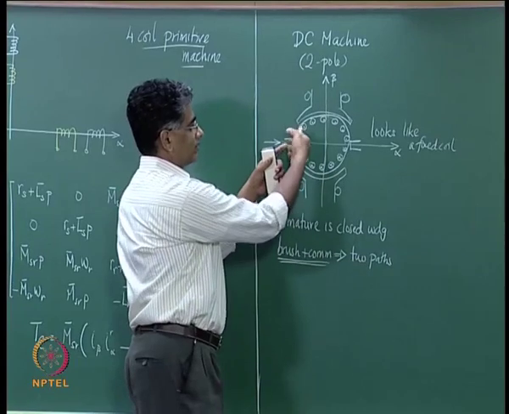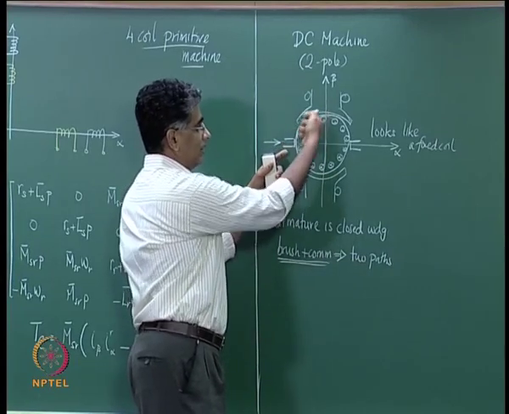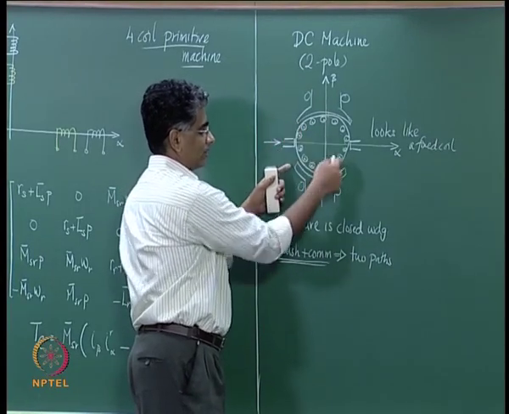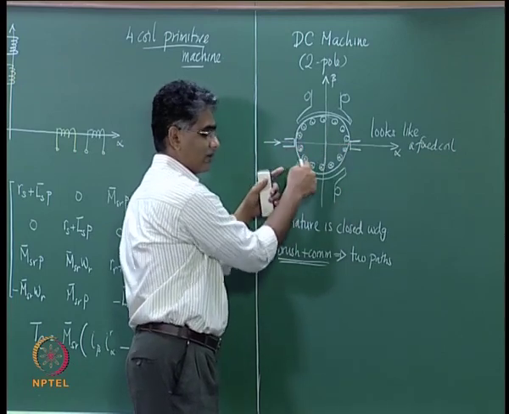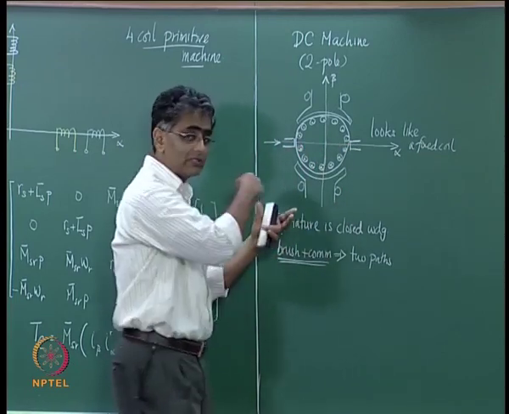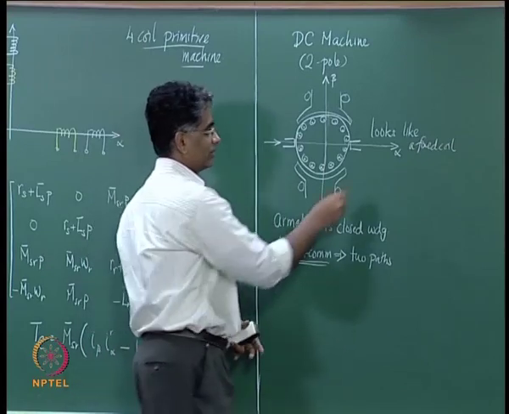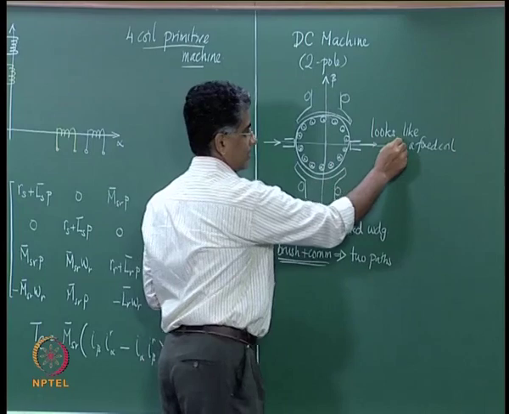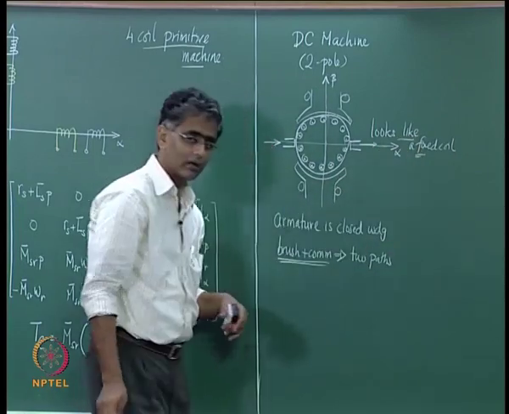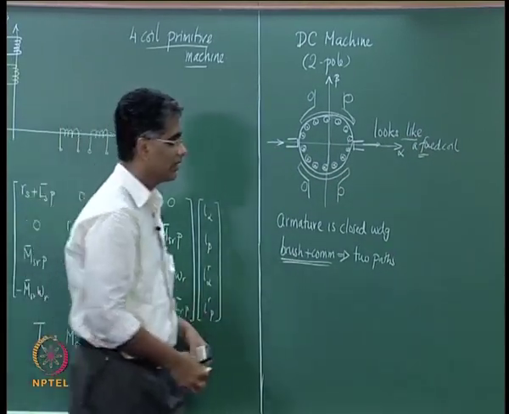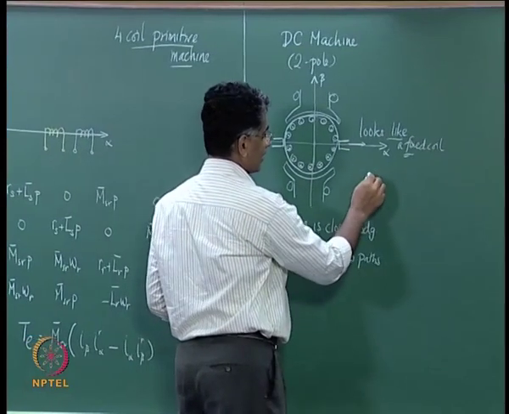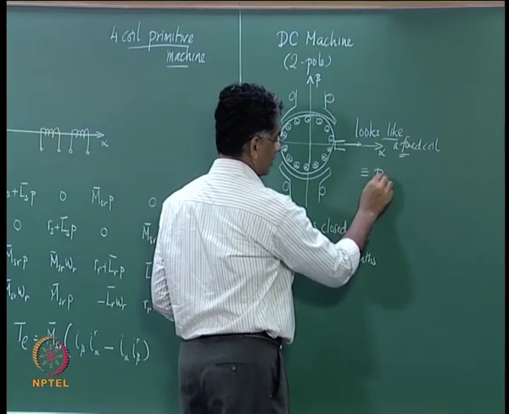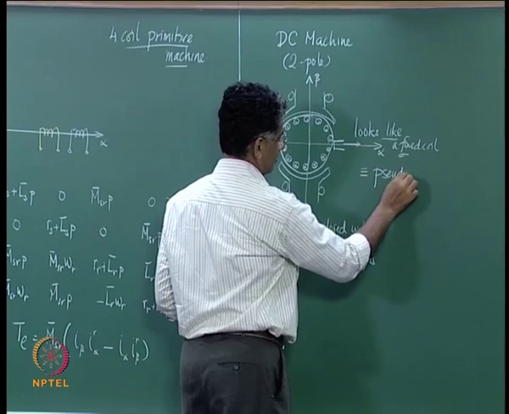Always the armature is going to have, in these parts flow of current is outside, in these parts the flow of current is inside, and therefore, in spite of the rotation of the armature, from the outside world it looks like a fixed arrangement, which in other words means that the armature looks like a pseudo stationary coil.